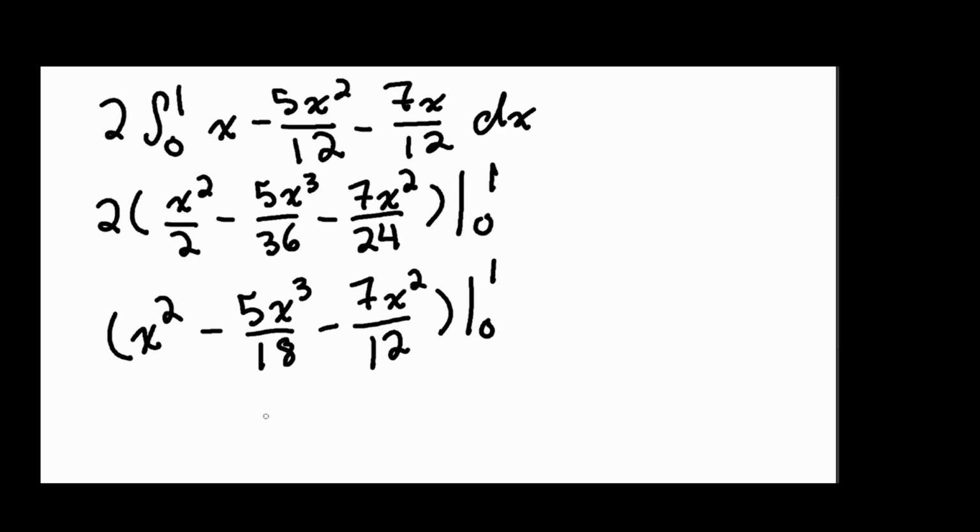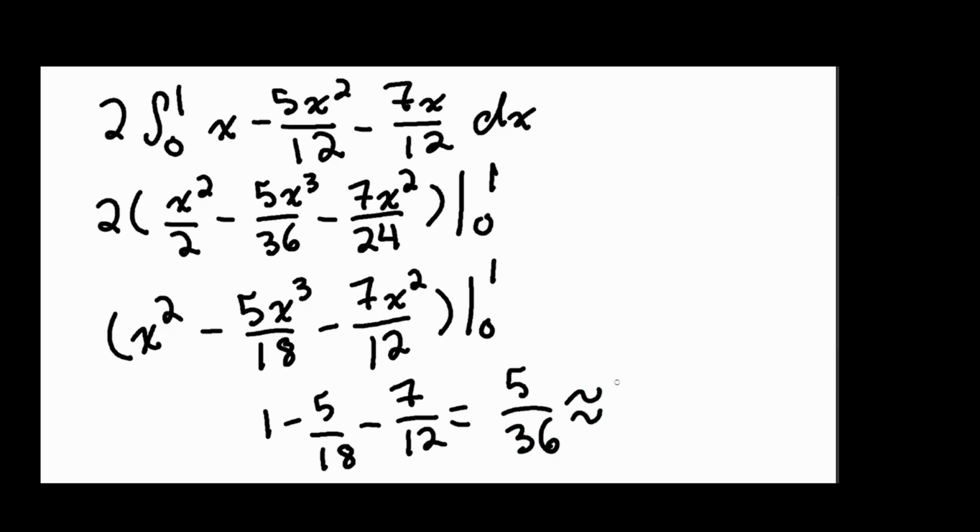And now we can just solve this. We get 1 minus 5 over 18 minus 7 over 12, which is equal to 5 over 36, which is around 0.1388.